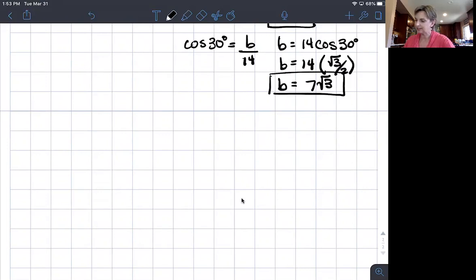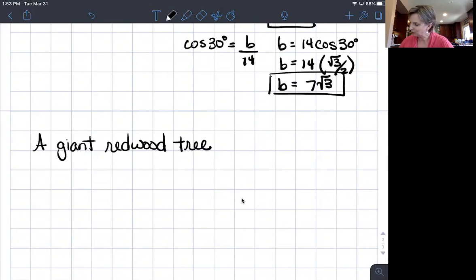Okay, so for instance, if we had a giant redwood tree, and you're going to have to bear with me as I try to do some drawing. We have a giant redwood tree that casts a shadow 532 feet long.